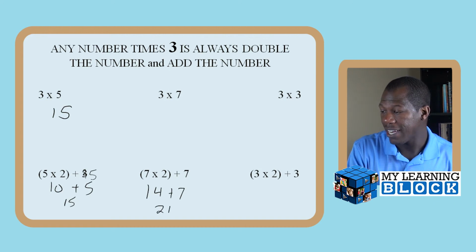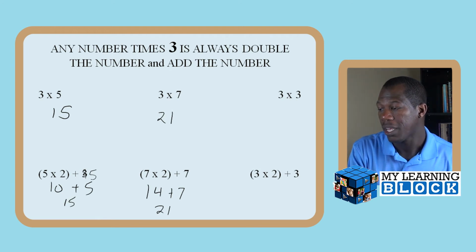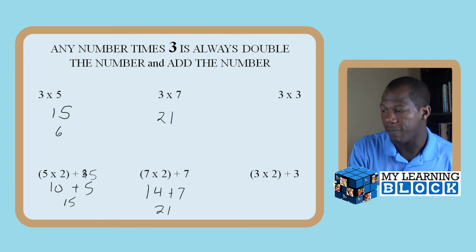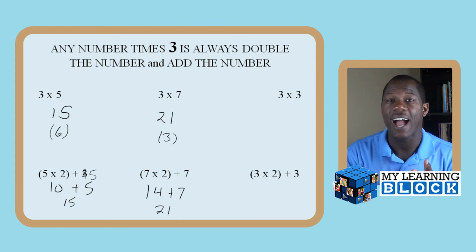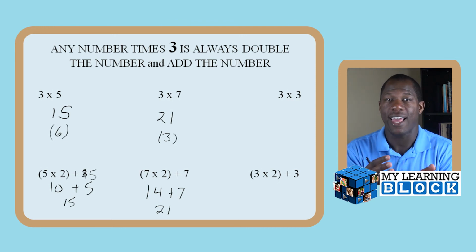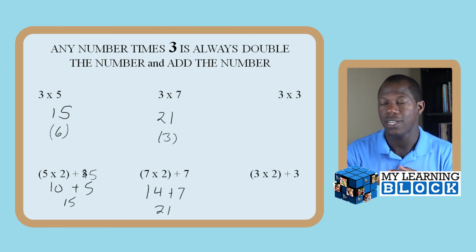And then when I added the number, I got 21. Therefore, 3 times 7 equals 21. Now again, let's go back and check. 2 plus 1 is 3, so that's right. Remember the 3, 6, and the 9, all right? They have to add up and equal 3, 6, or 9.